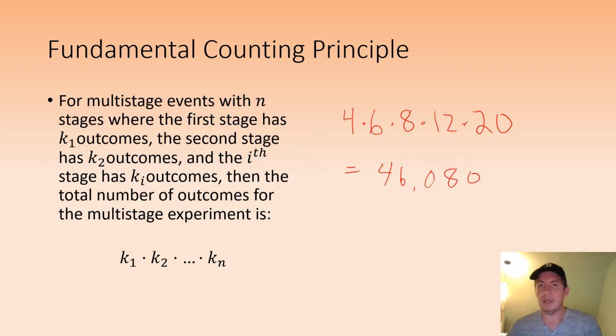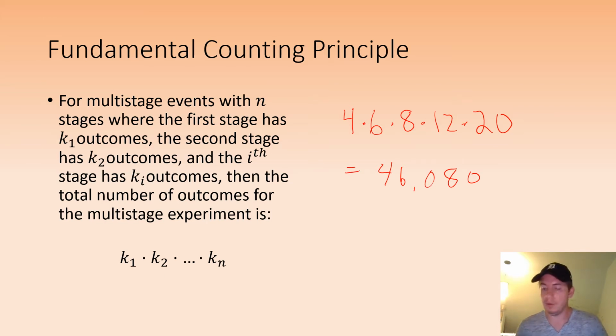Now what's nice about that is I've just figured out how big the sample space is for the experiment of rolling these 5 dice. On the other hand, I've also realized that that number is way too large. There's no way that I could write down all of these outcomes, not in a feasible amount of time.